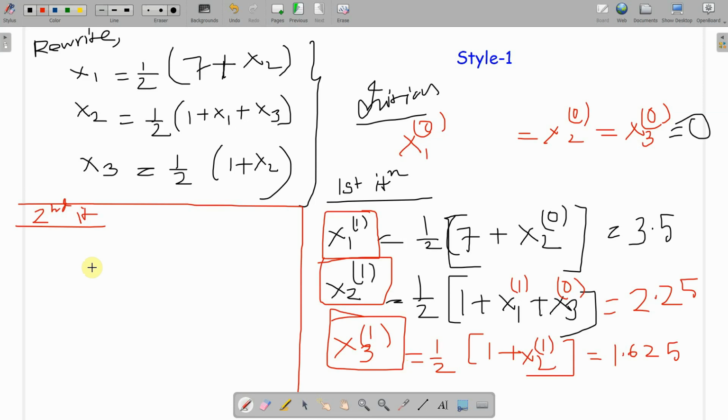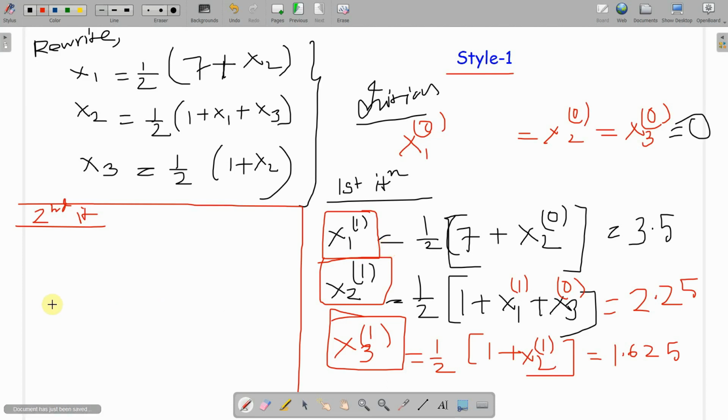So if you are going for style 1, then you have to be very fast about your calculation, and you have to write in a very fast way. Your handwriting speed should be good enough to complete all this writing.